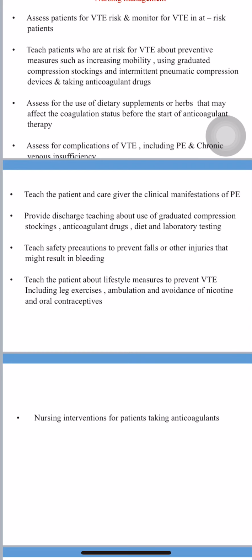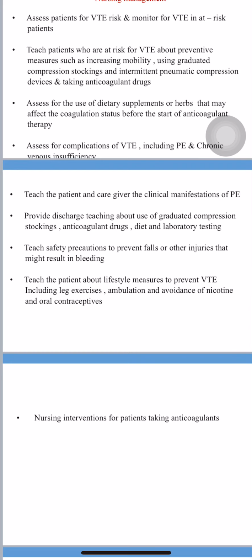Teach safety precautions to prevent falls or other injuries that might result in bleeding, and teach lifestyle measures to prevent venous thromboembolism, including leg exercise, ambulation, and avoidance of nicotine and oral contraceptives.